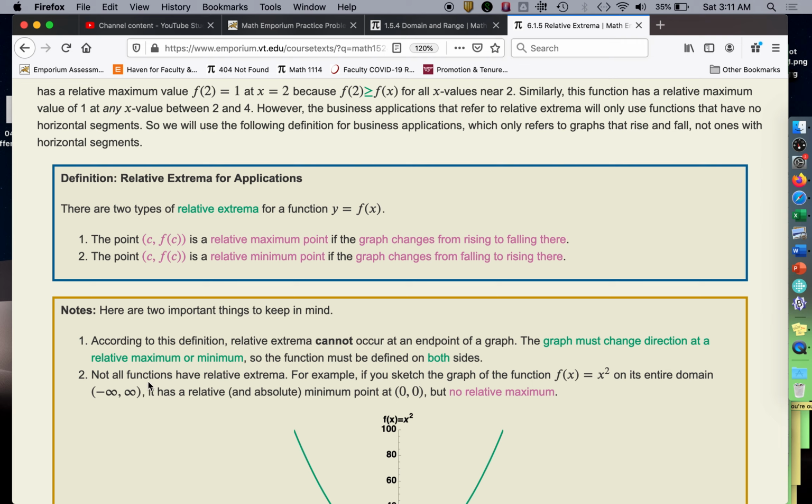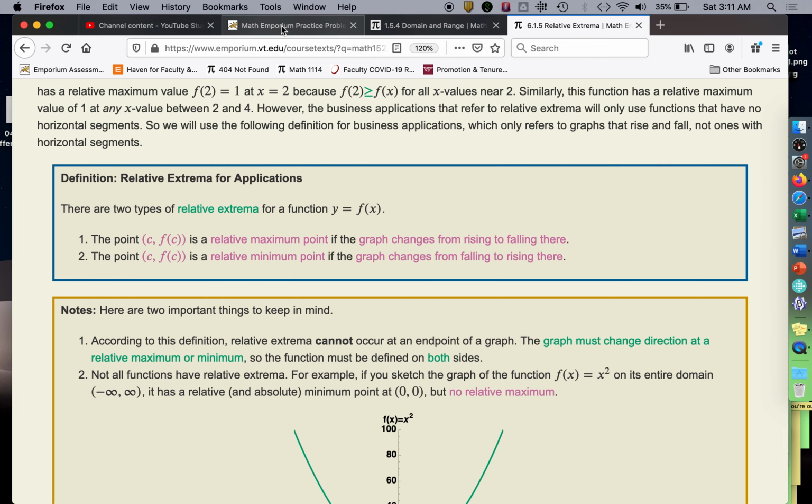And number two, not all functions have relative extrema. So these two important notes will actually help you with several of the versions of this question. So make sure that you fully accept these things. Check out all the examples in the text and so on.